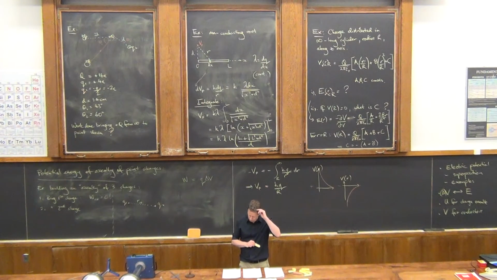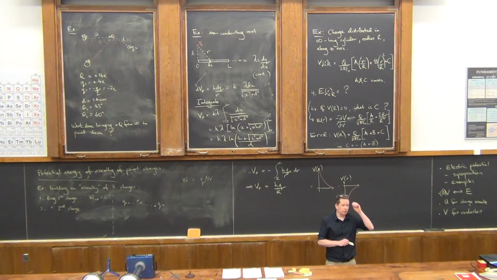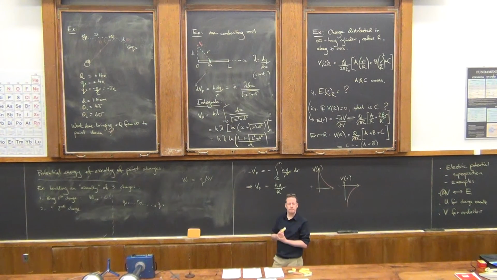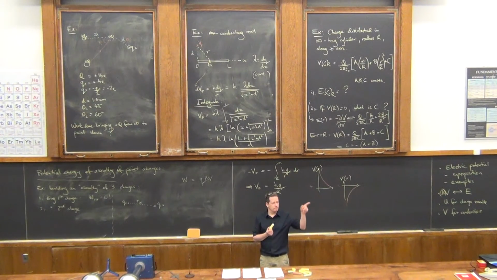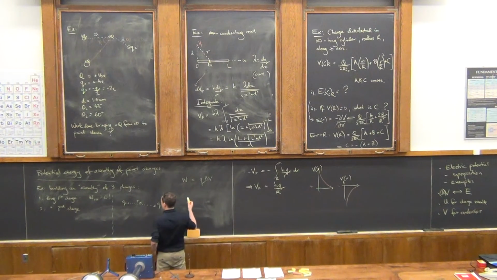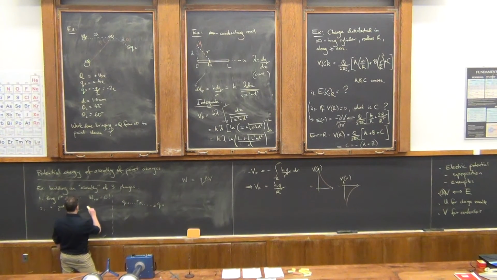So what then is the change in potential energy of this now two-charge system that I bring in the second charge? So let me encourage you to take Q1, Q2 over R squared. Yeah, that's fine. So I do some work in this case. So the work for the second one is not 0.